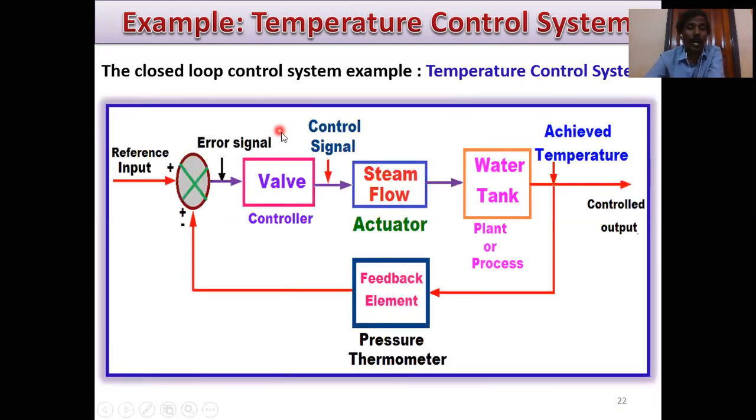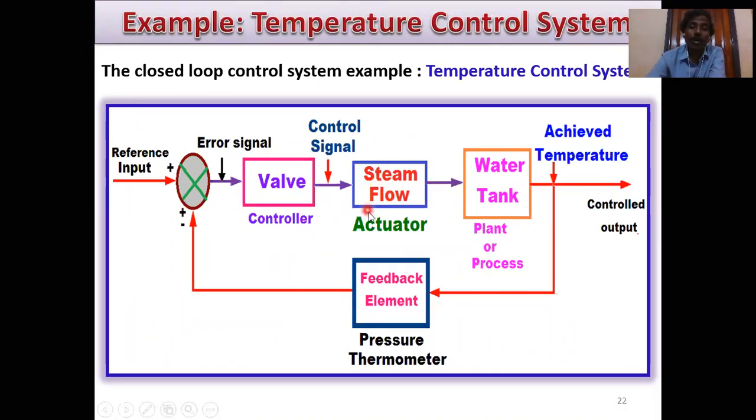This is the block diagram. Reference input, this is the comparator, and this is the error signal. The valve section is the controller, and the valve output signal is also called the control signal. The control signal is the input of the system, steam flow, and the steam flow also controls the water tank. This is actually the plant or process.